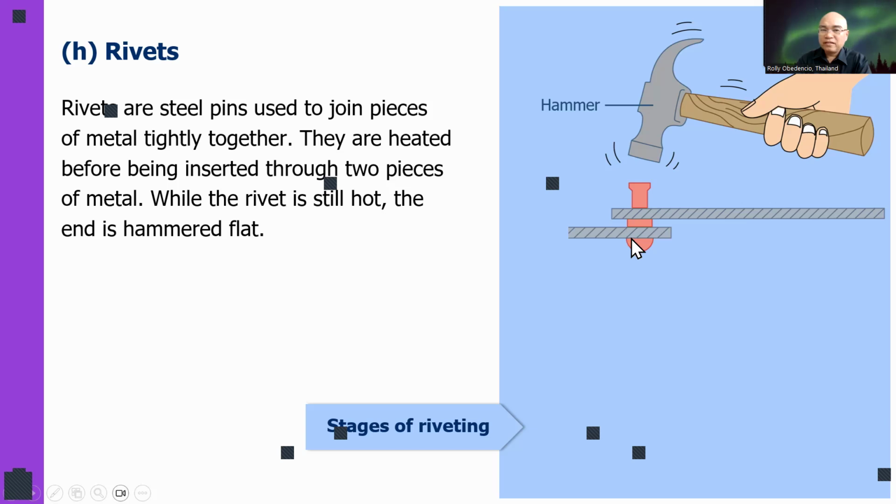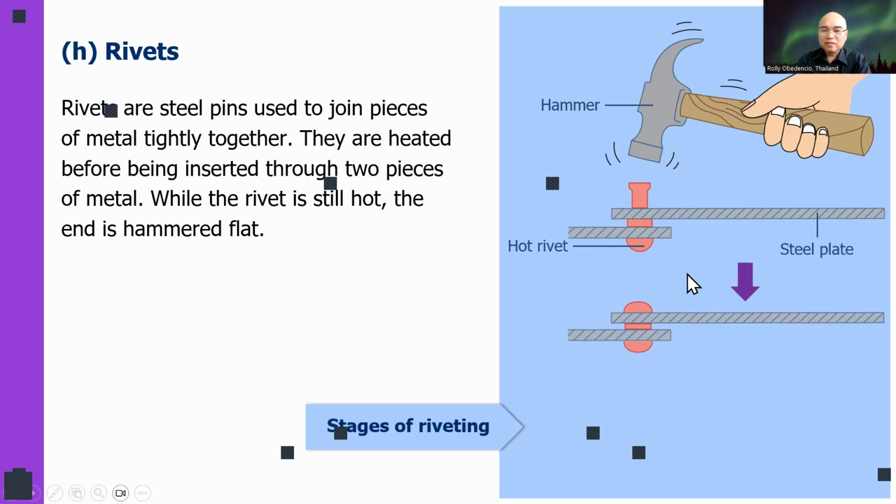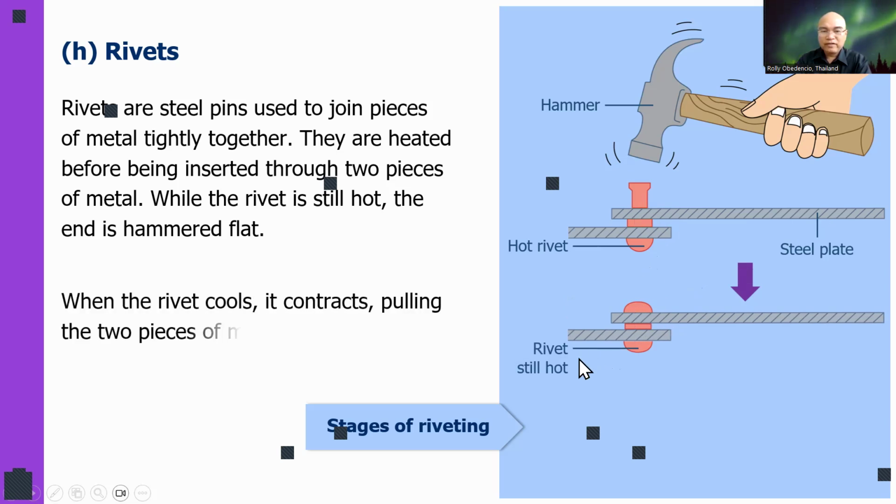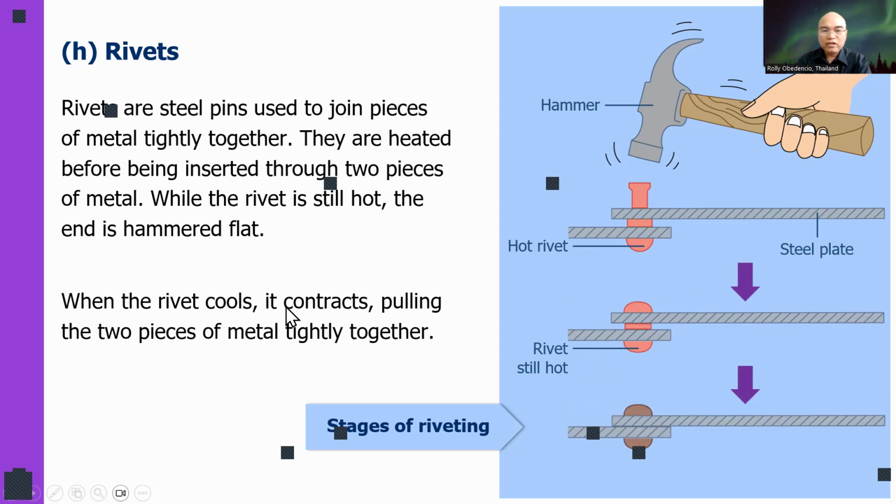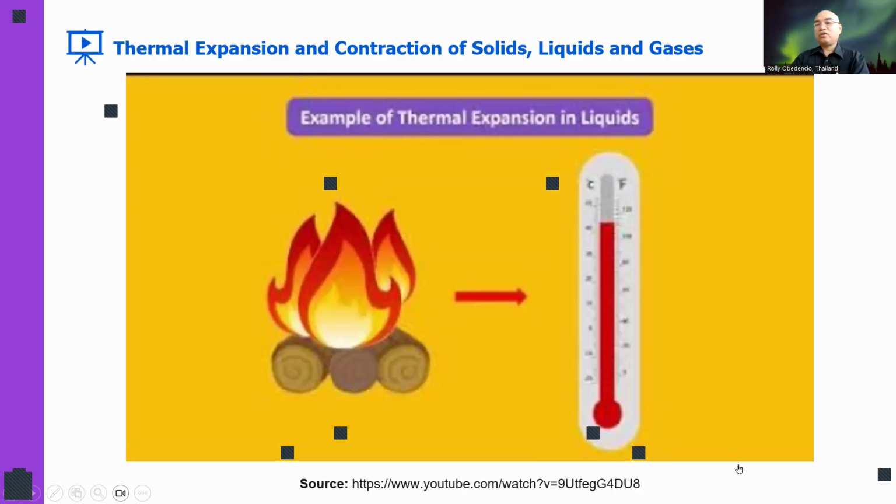While the rivet is still hot, the end is hammered flat, and it looks like this. When the rivet cools, it contracts, pulling the two pieces of metal slightly together. I think you understand better.